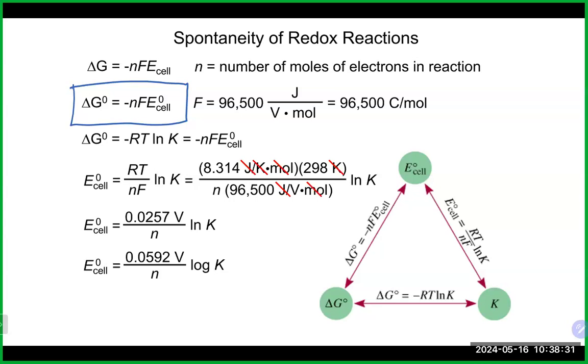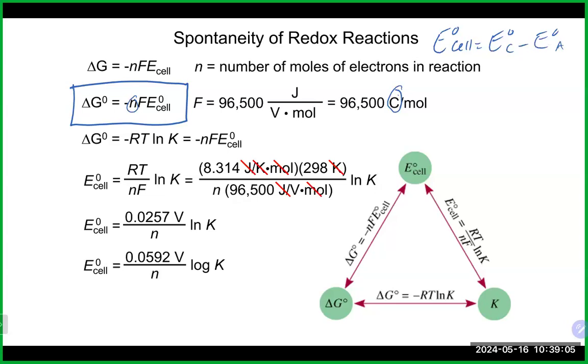F here is Faraday's constant, and we could use 96,500, or some people use 96,486, and that is joules per volt per mole, or a joule over volt is a coulomb, which we'll see a little later in the chapter when we talk about electrolysis. E of the cell is still the same as we've been talking about, the cathode minus the anode. n is the number of moles of electrons being transferred.